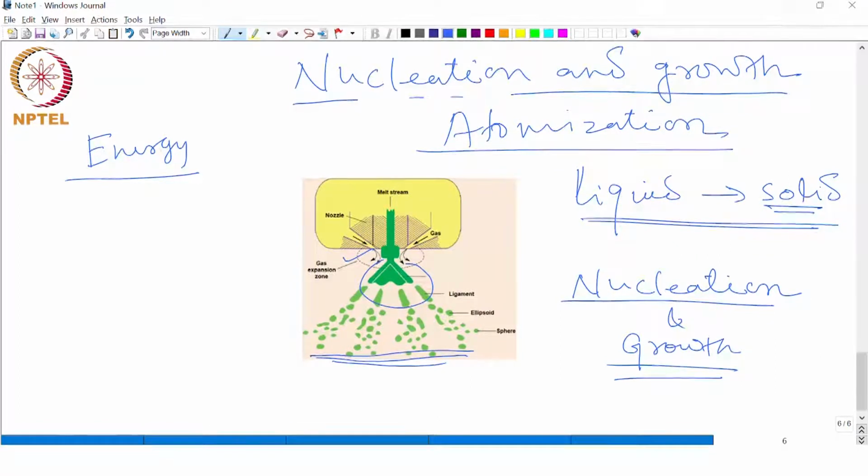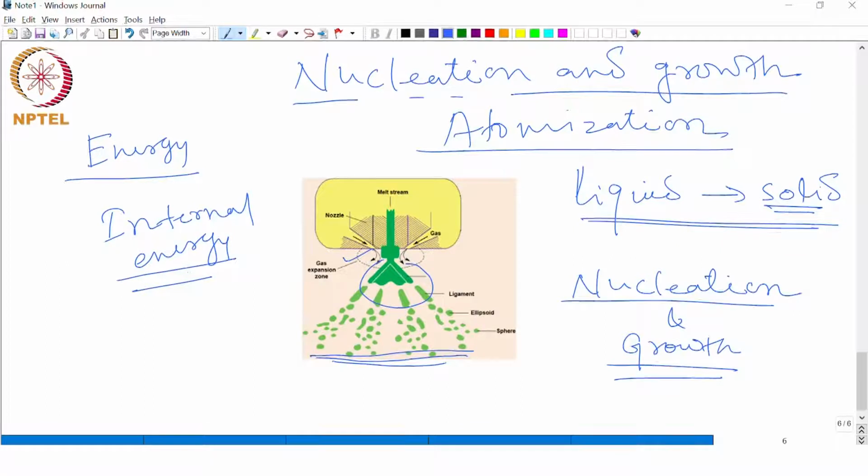You can also call it the internal energy of any material or system. And whether a particular state of matter will transform to another state would depend on whether the energy is getting reduced or not. Okay.